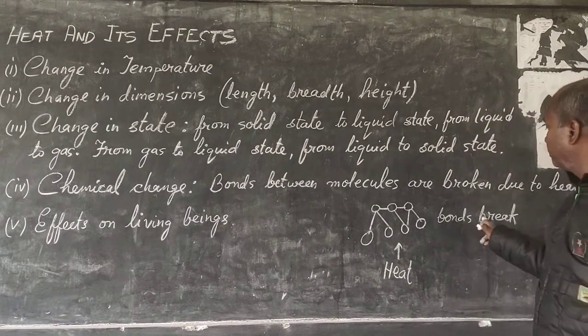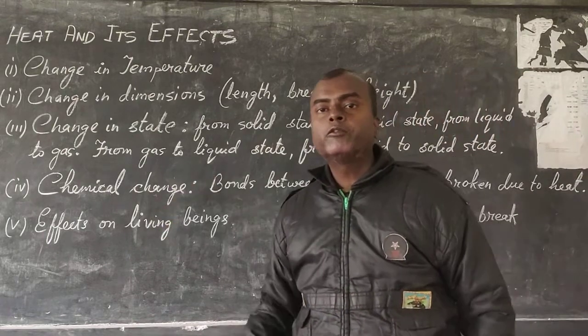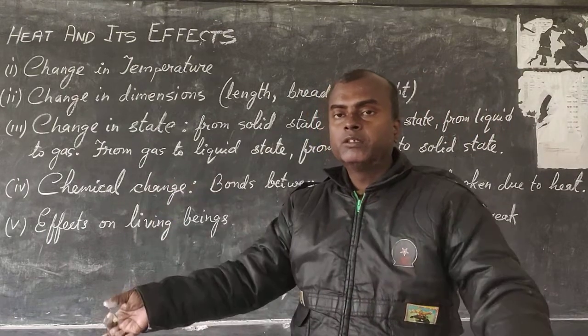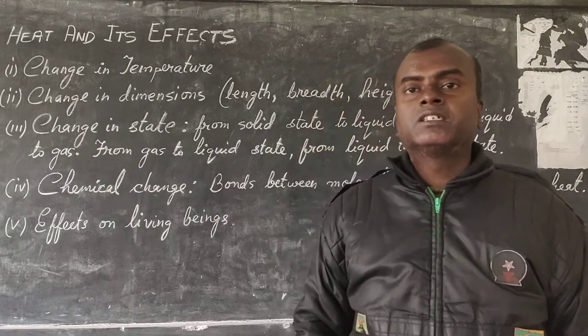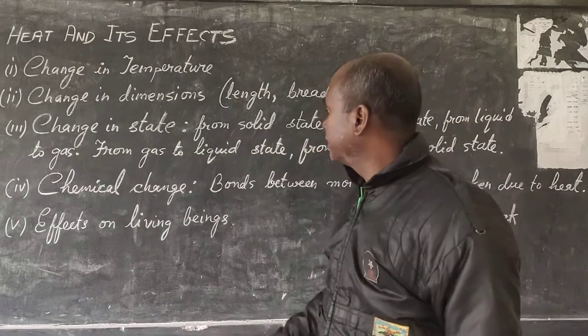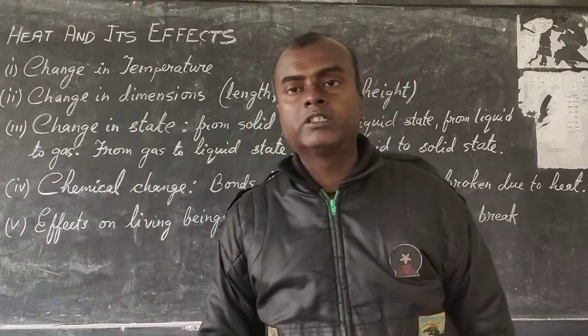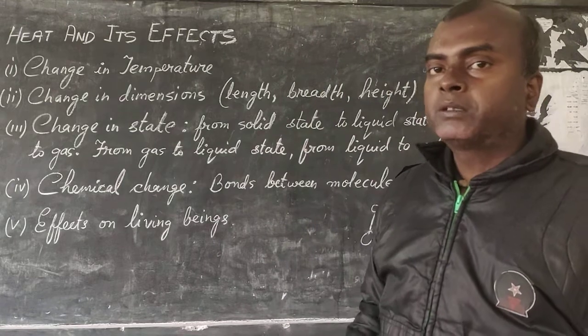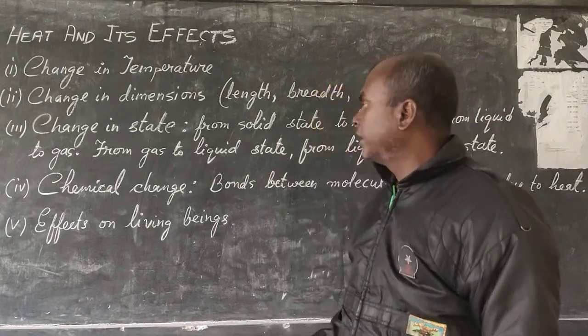Okay, heat makes the bonds break, and when the bonds break, the molecules become free from each other and they become into something else. The object changes its structure and we call that change chemical change. When heat is given, the bonds are broken and the object becomes something other than that particular object. That is called chemical change.